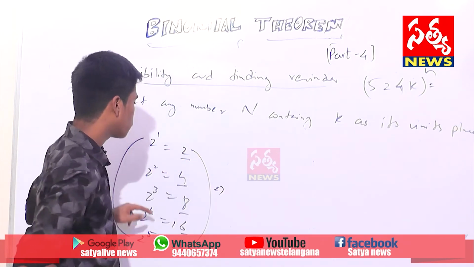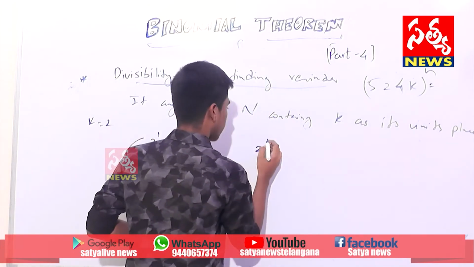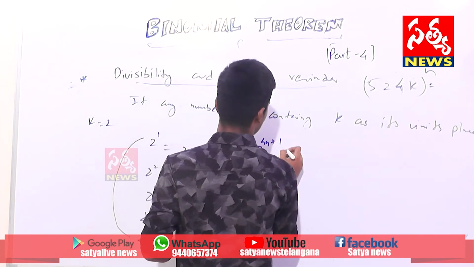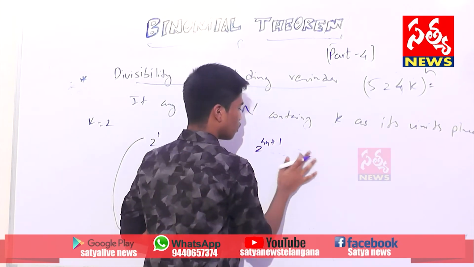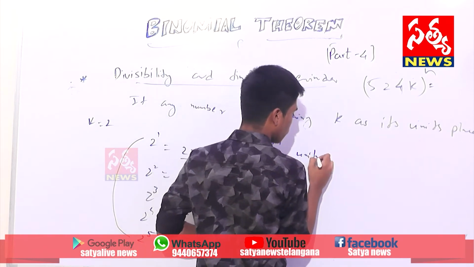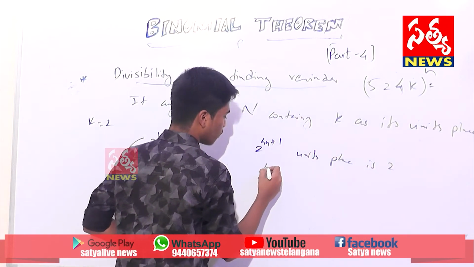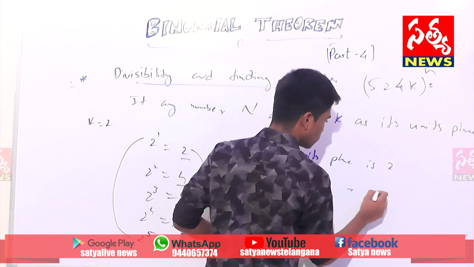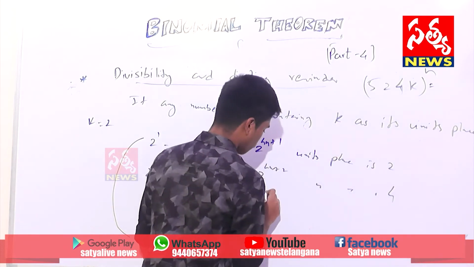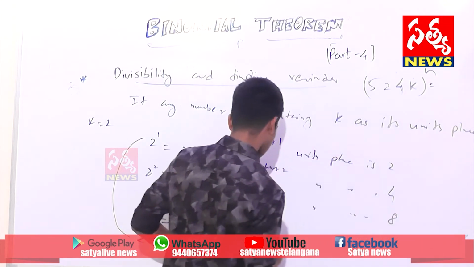So by this we can get an expression for it. The units place of 2 power 4n plus 1 is 2. The units place of 2 power 4n plus 2 is 4. The units place of 2 power 4n plus 3 is 8.